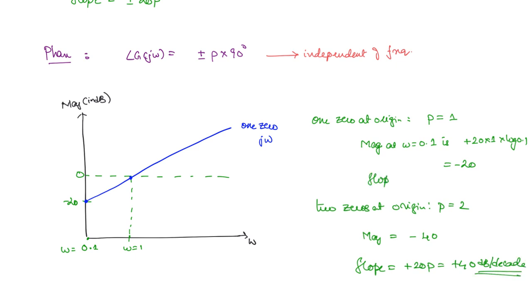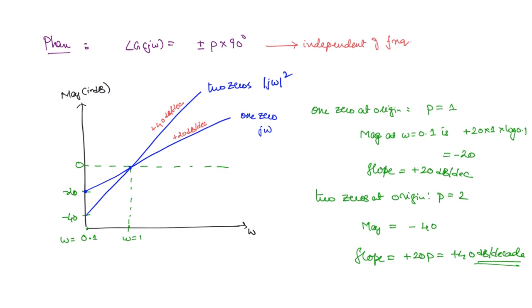The slope here was plus 20 dB per decade. Now from minus 40 it will reach the same point, because at ω = 1 the magnitude is 0 for this function as well, and then you extend it. This is for two zeros, that is (jω) squared. You can write the slopes here: plus 20 dB per decade and plus 40 dB per decade.